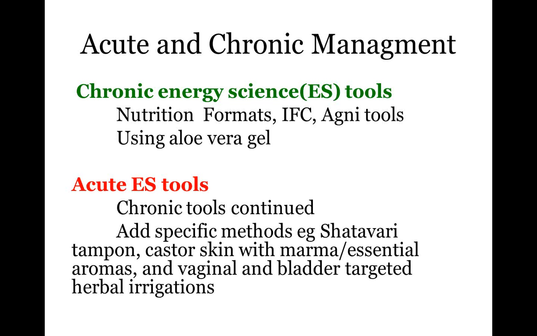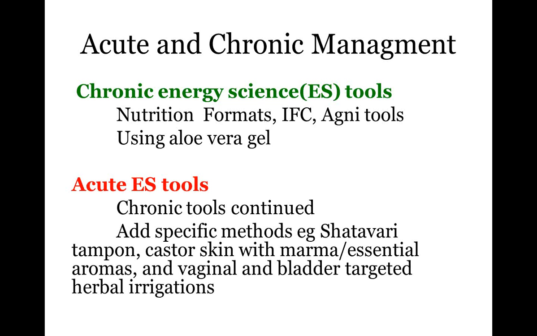You're going to pull out these various tools, such as we talked about just a minute ago: the Shatavari tampon, the castor oil with Marma therapy and essential aromas, the vaginal and bladder targeted herbal irrigations. These are all acute tools that we would use. We wouldn't use these all the time.